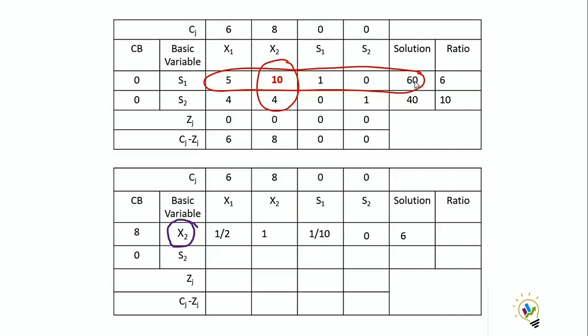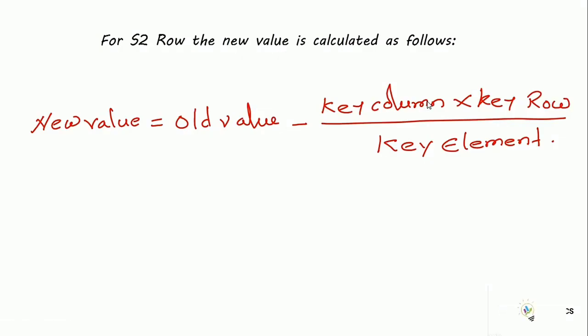Next, now we need to find the values for s2 variable. To do that one, we must use this formula. New value for s2 is old value minus key column value into key row value divided by key element.